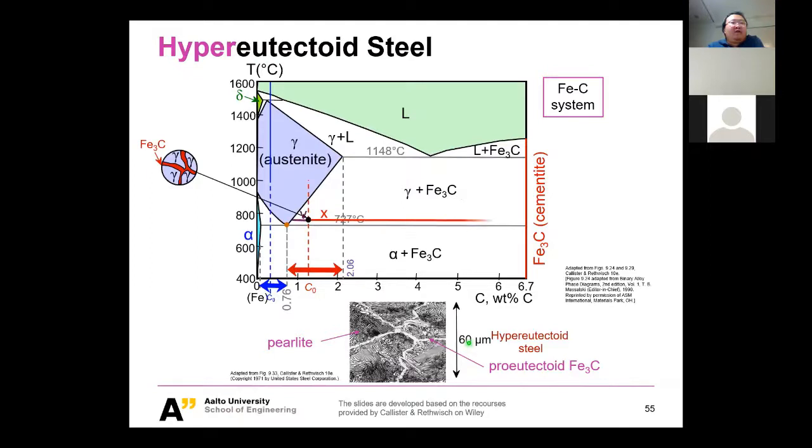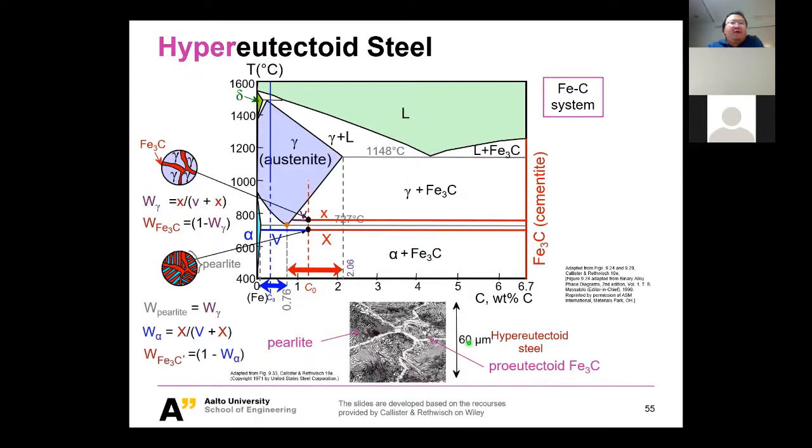Of course, you can do exactly the same. I will not show you in detail how to calculate the volume fraction of the final alpha and final cementite, or you can also use the lever right before the eutectoid point to calculate the volume fraction of, let's say, proeutectoid cementite and also your pearlite phase.